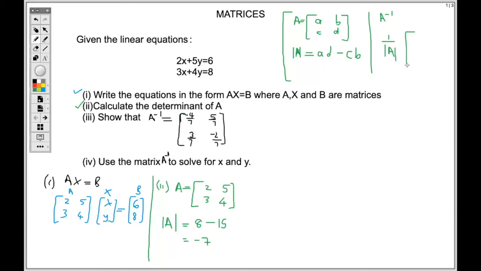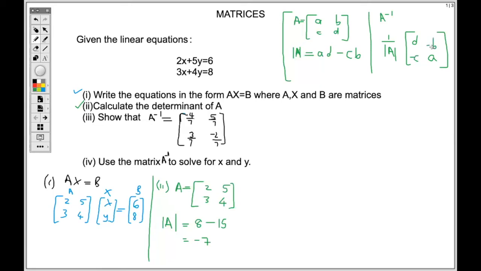Now the adjoint, what we're going to do is switch the leading diagonal AD, so it becomes DA. Then we change the signs for the next two, so it becomes negative C, negative B.